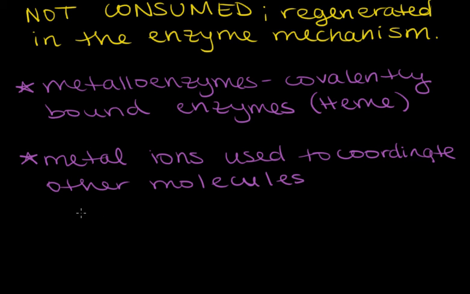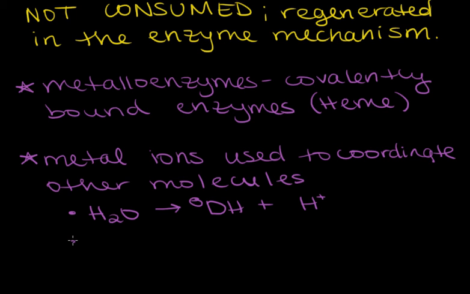So metals can be used to coordinate water, and because water itself doesn't really fall apart very easily to form activated hydroxide, right? Some small portion of this happens, but a metal can add this pressure to the water in order to make this bond more easily breakable. So this is called activating water, right? It's removing this H+ and making an OH- that can then attack a carbon, for example.